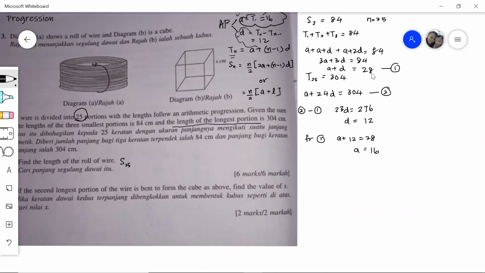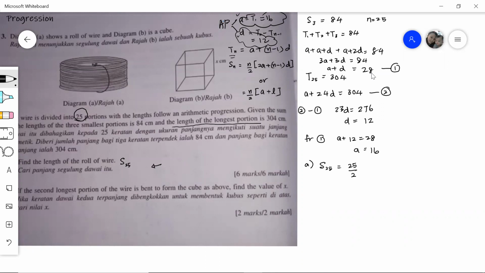So with these two things, now we can use the formula without any difficulties. And yet we haven't found the answer for part A. For part A, we need to find the sum of the first 25 terms. That will be 25/2.